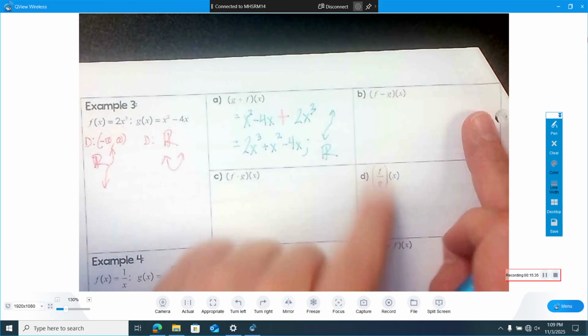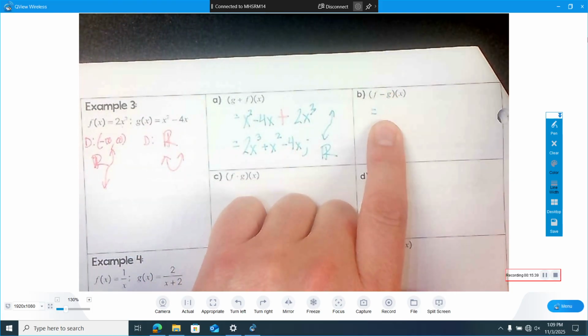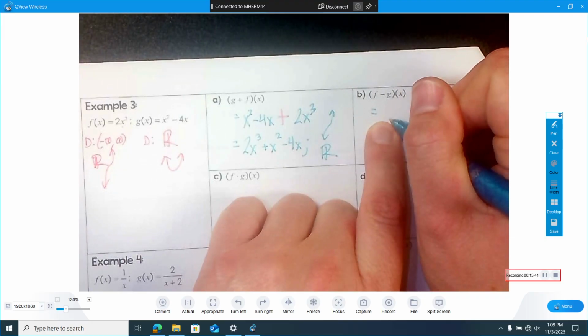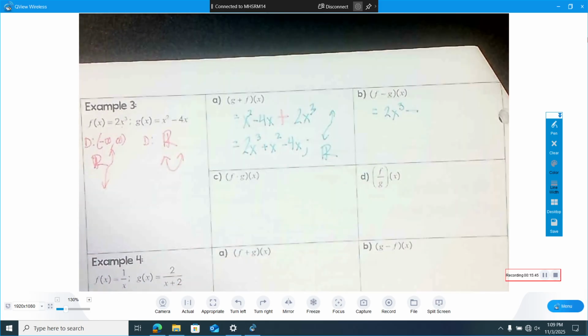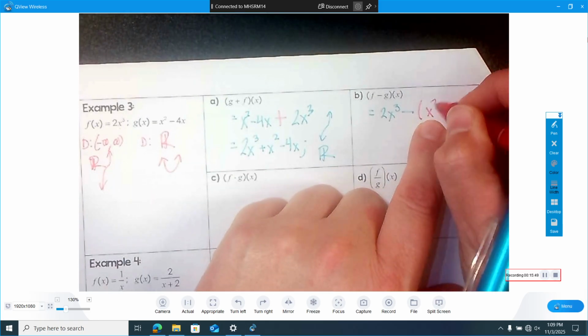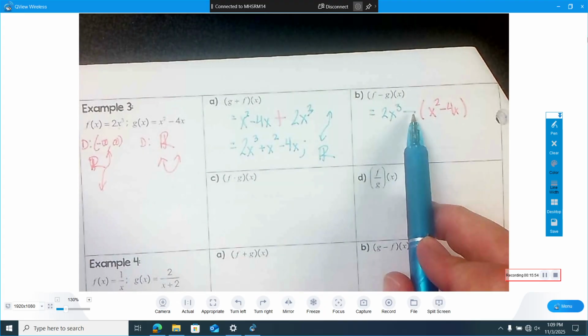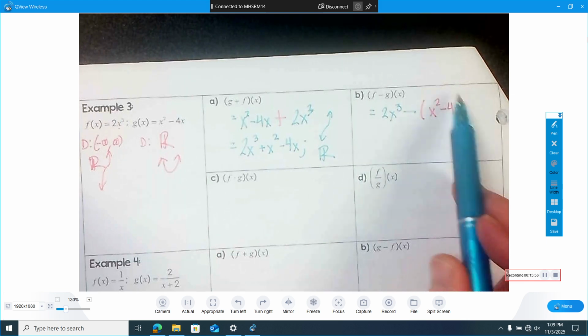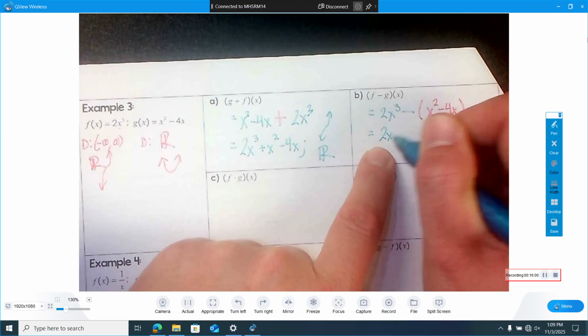All right, again, paying attention to order here. We want f minus g, so what am I going to do first? Minus all of minus 4x. So again, we're subtracting all of the g functions. So again, watch that negative. That's where all the mistakes happen.